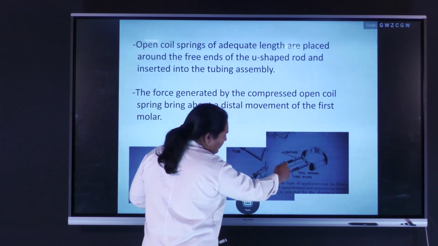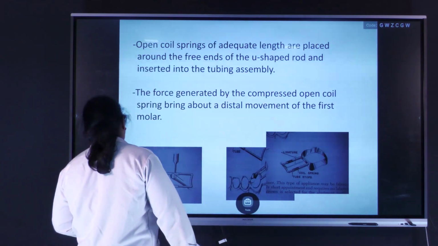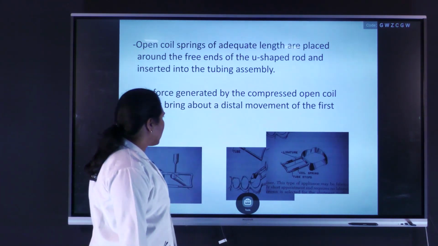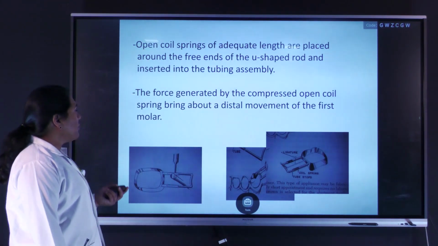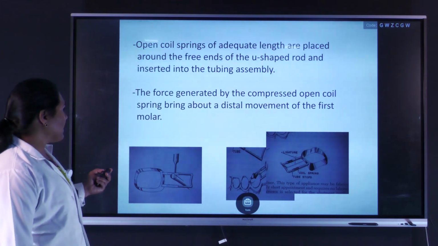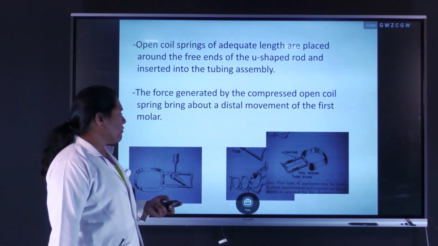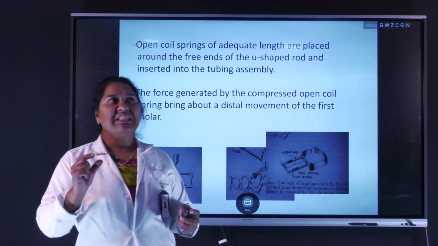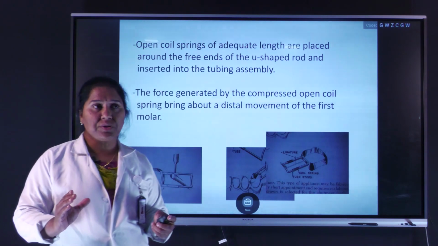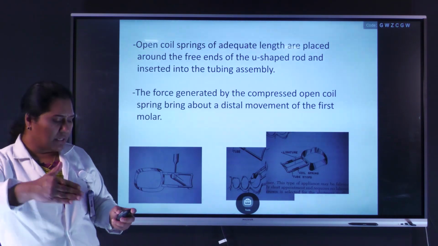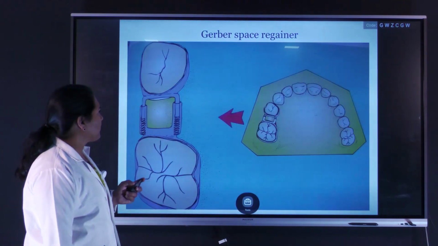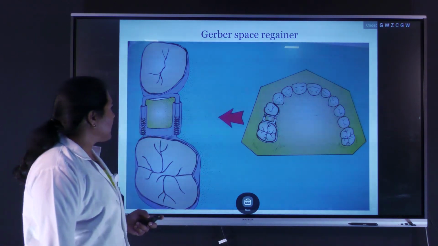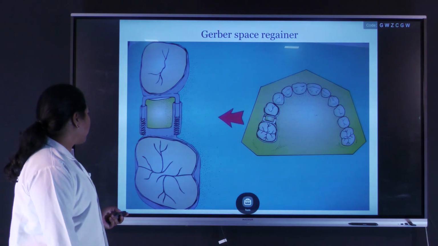Because of the spring action, it will push the tooth which is mesial on the other side. The force generated by the compressed open coil spring brings about a distal movement of the first molar, so the compressed coil causes force on the molar in such a way that it moves distally. This is the Gerber space regainer which we discussed here.